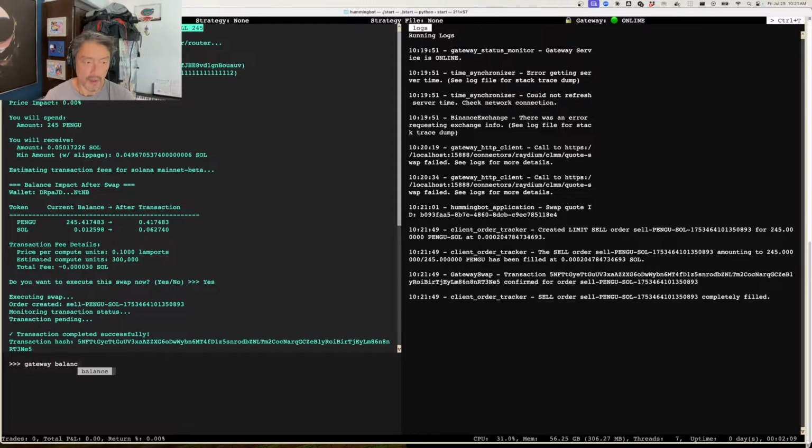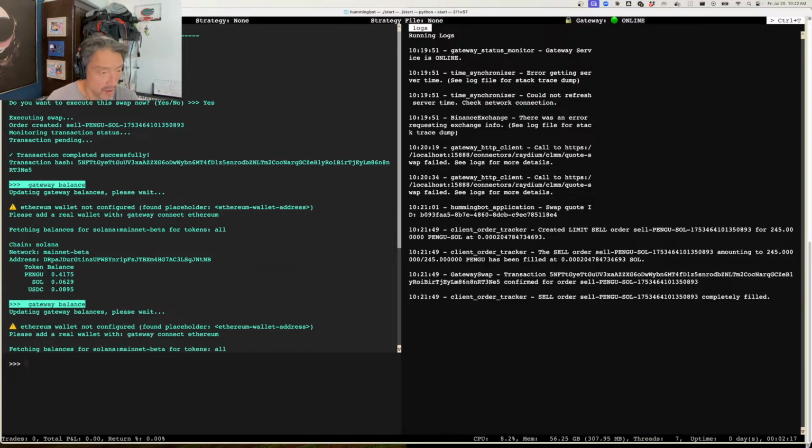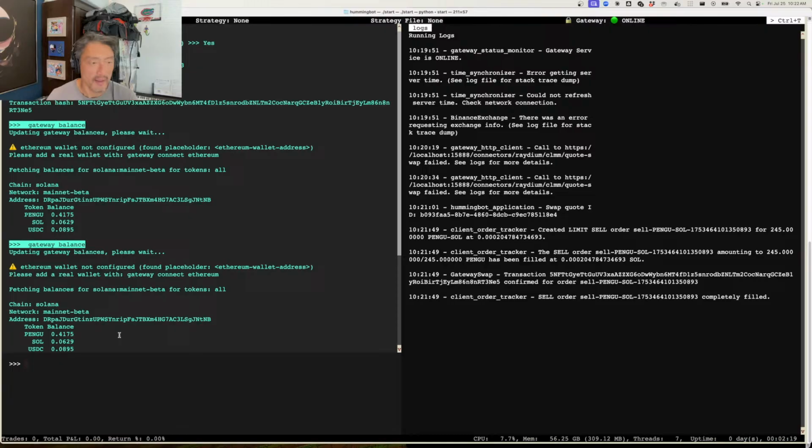So now when I do gateway balance, I should see that I did in fact sell some Pengu. Yep, that's right. I went from 245 Pengu to a very small amount of Pengu, and I do have more Sol than I did before.